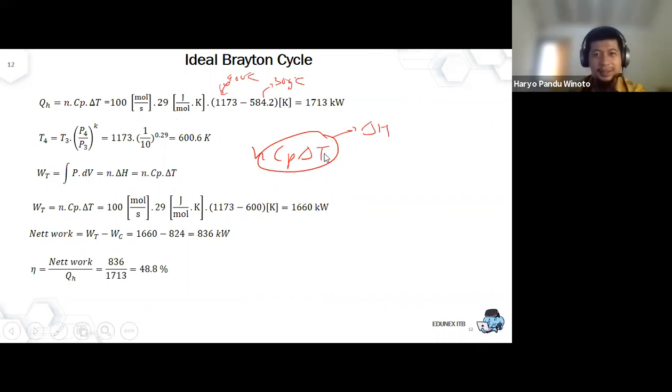Then it's going to be easy: from here I expand isentropically and go down to the desired pressure, then I get the H. But here you don't get the enthalpy.